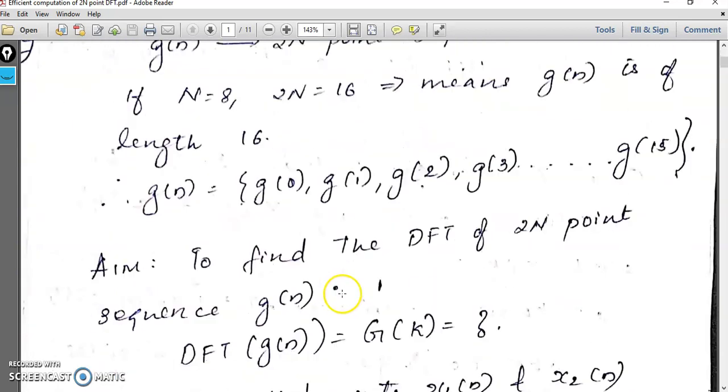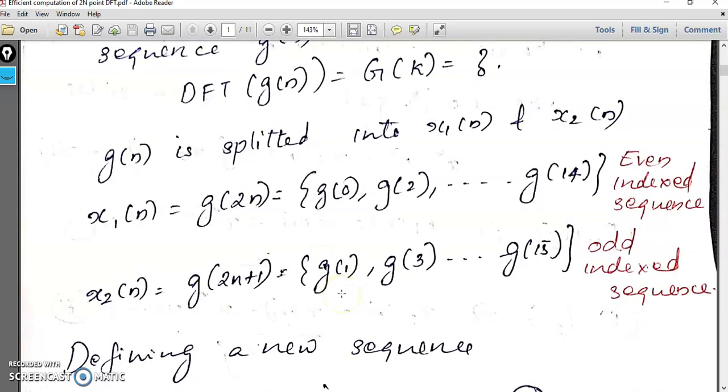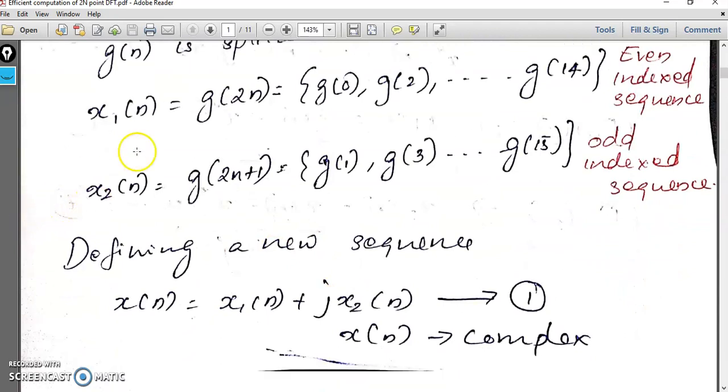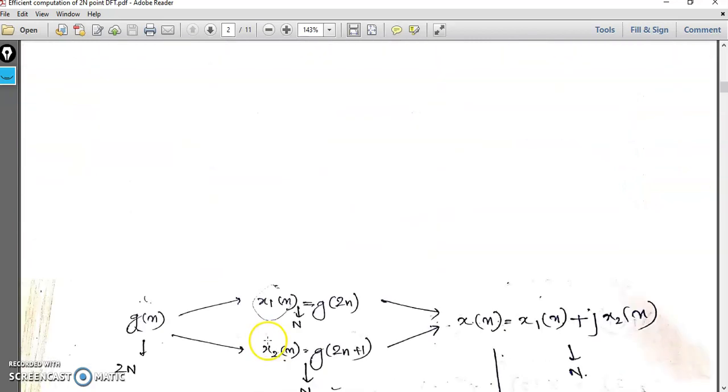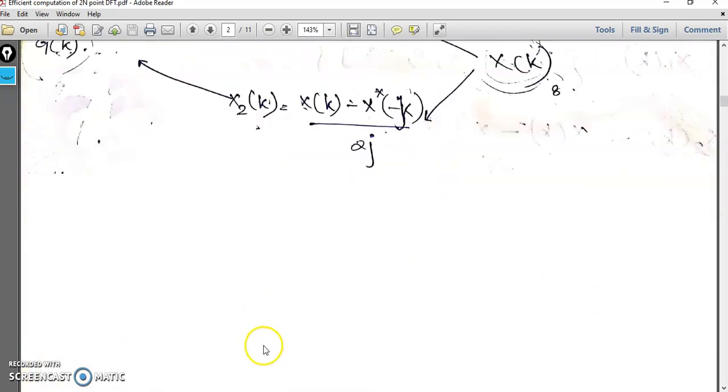We split g of n into two sequences x1 of n and x2 of n, so each has a length of capital N only. Then we combine them as x1 of n plus j times x2 of n, so x of n is a complex valued sequence and its length is capital N only.